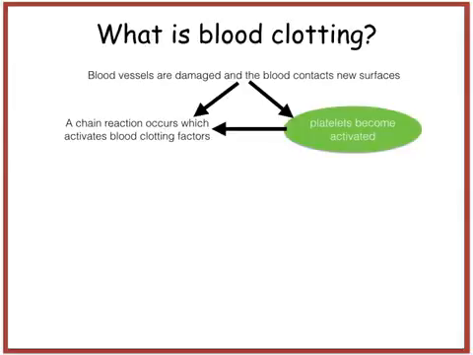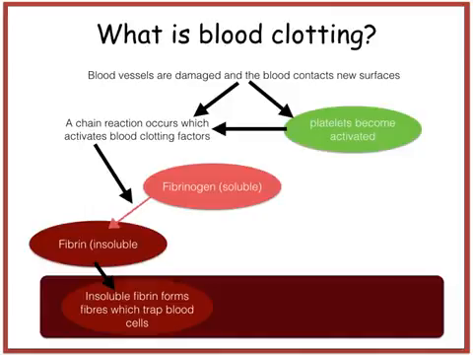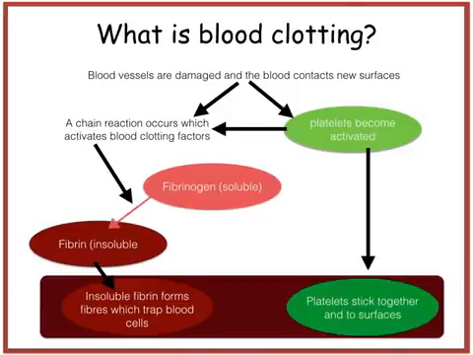The chemicals released by the platelets and damaged tissue set off a chain of reactions which cause the fibrinogen to change into fibrin, which is insoluble. The fibrin forms fibers, and these form a mesh across the wound. So red blood cells and platelets get trapped in the tangle of fibrin fibers. And this is how a blood clot is formed.